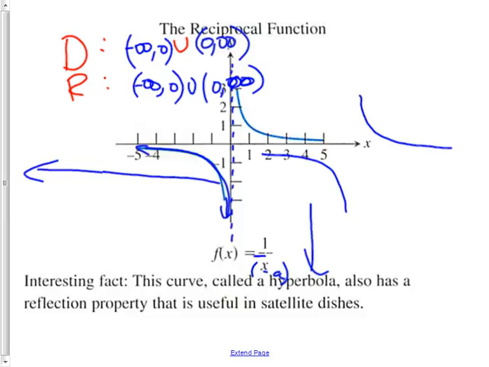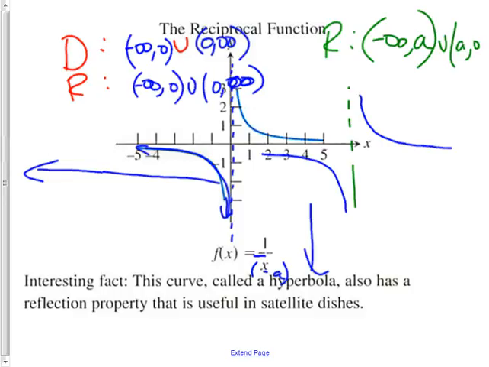This works from negative infinity until, I used to be able to say 0. Now it's some unknown number over here. So the new domain goes from negative infinity until it hits A, and it can't be A, just like it couldn't be 0 before. And then it starts working again at A and goes to infinity.